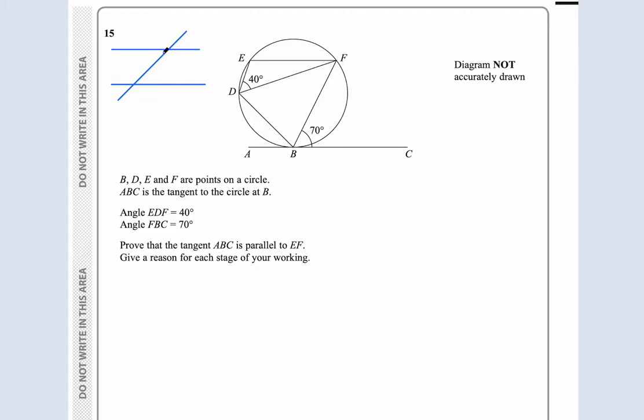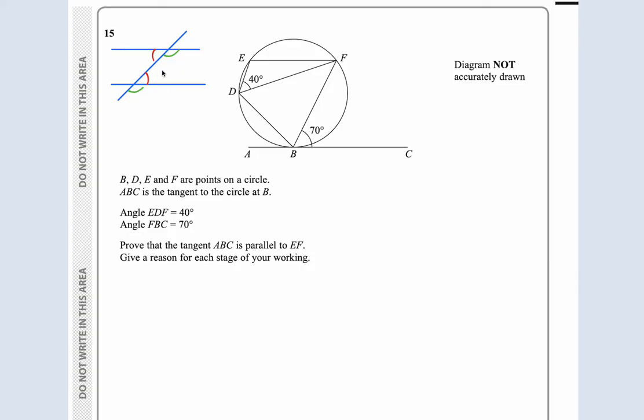We said that these two angles were equal. They were alternate angles. And we also said this one and this one were equal because these are corresponding angles. And the blue and the red add up to 180.